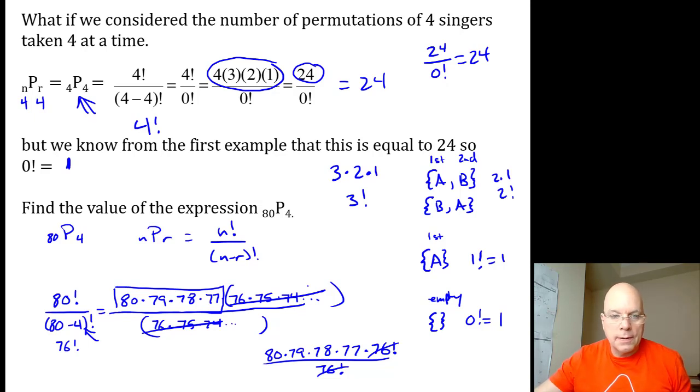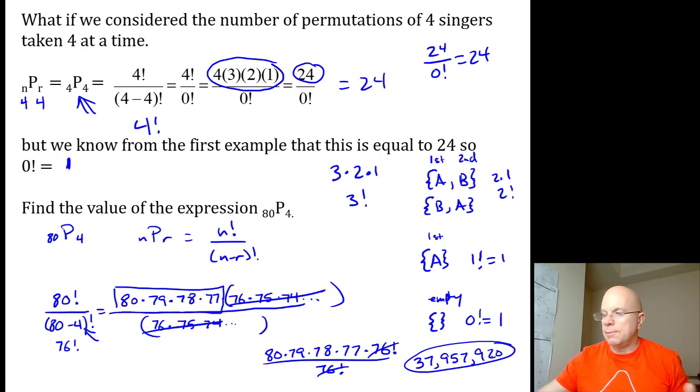Still a huge number. 37,957,920. So if we use the karaoke example, if you have 80 contestants and 4 trophies, there's lots of different ways that competition could end as far as awarding first, second, third, and fourth place.